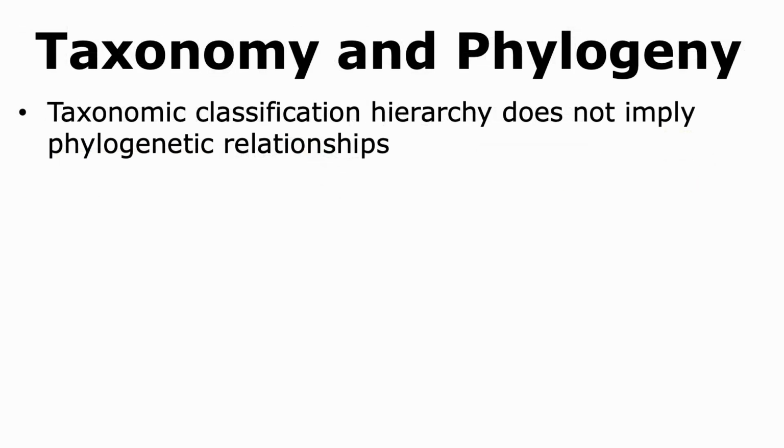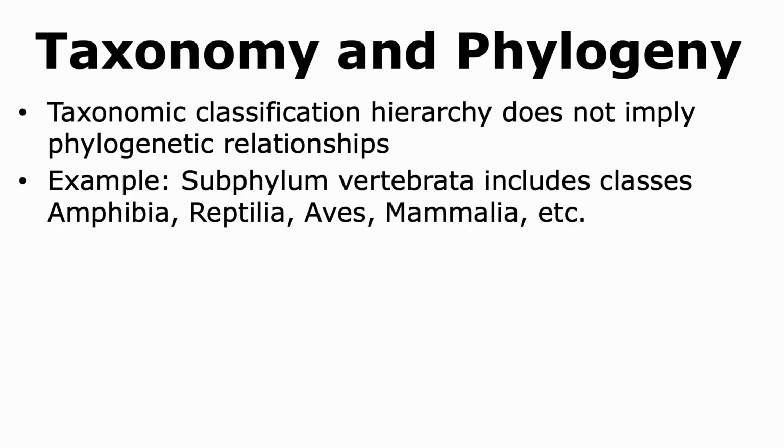Linnaean-based classification may hint at evolutionary relationships among the different taxa, but it does not explicitly imply any phylogenetic relationships. Let us look at the example of different classes in the subphylum of vertebrata, which includes amphibia, reptilia, aves, and mammalia.